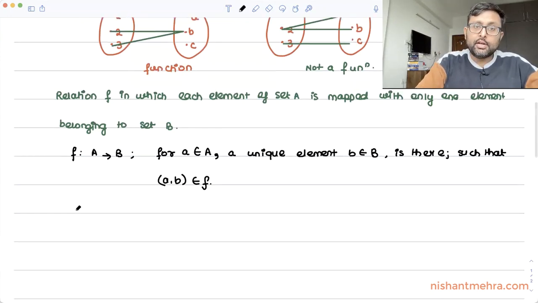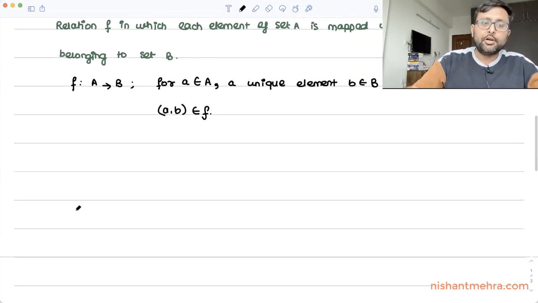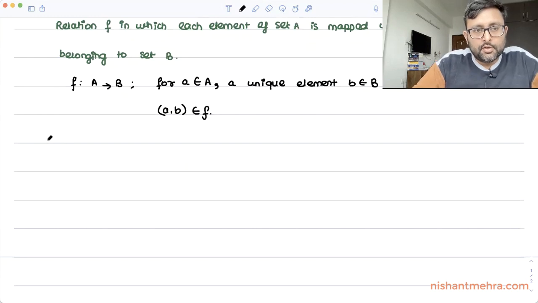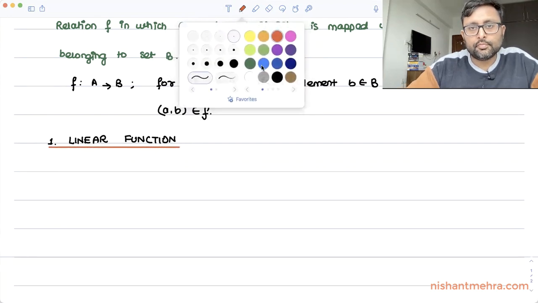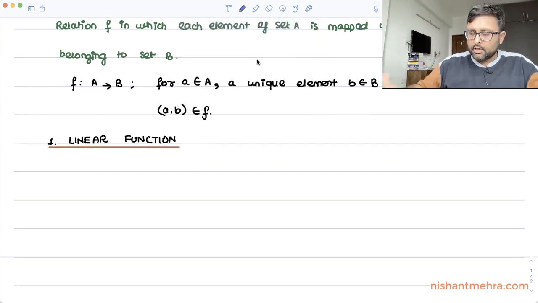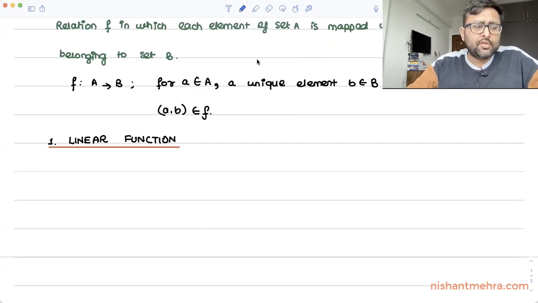Now let's talk about the different kinds of functions which are given to you in the question. The first one, linear function. This is a function which forms a straight line in a graph.